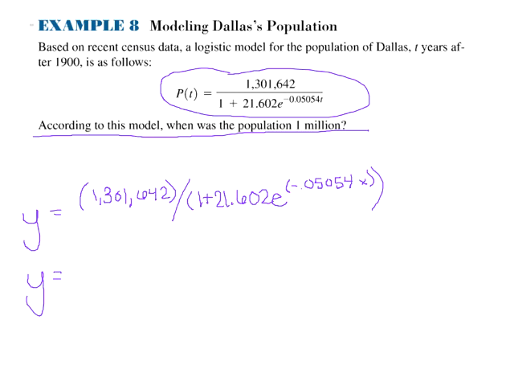According to this model, when was the population 1 million? Yeah, y equals 1 million. This is actually going to just be a horizontal line going through 1 million.